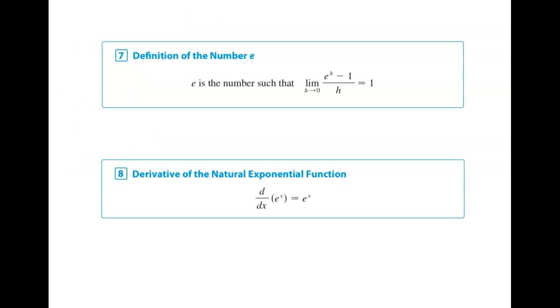The definition of e is a natural constant like pi. It's irrational. And it can actually be defined many ways, but the calculus definition is this. It's the number that satisfies this limit.